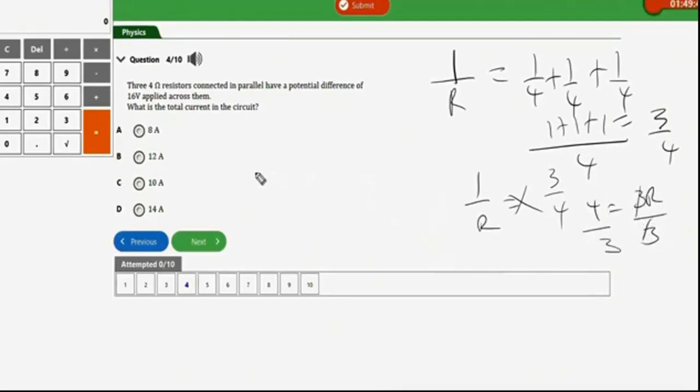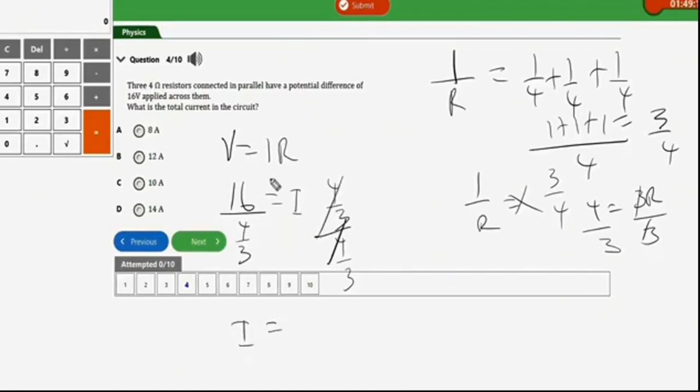So your R is 4 over 3. Remember Ohm's law, V equals IR. In this question, we have the voltage to be 12 volts because we are looking for the current, the unknown. The resistance now is 4 over 3. So to make I the subject of the formula, divide both sides by 4 over 3. Our I will be 12 divided by 4/3.